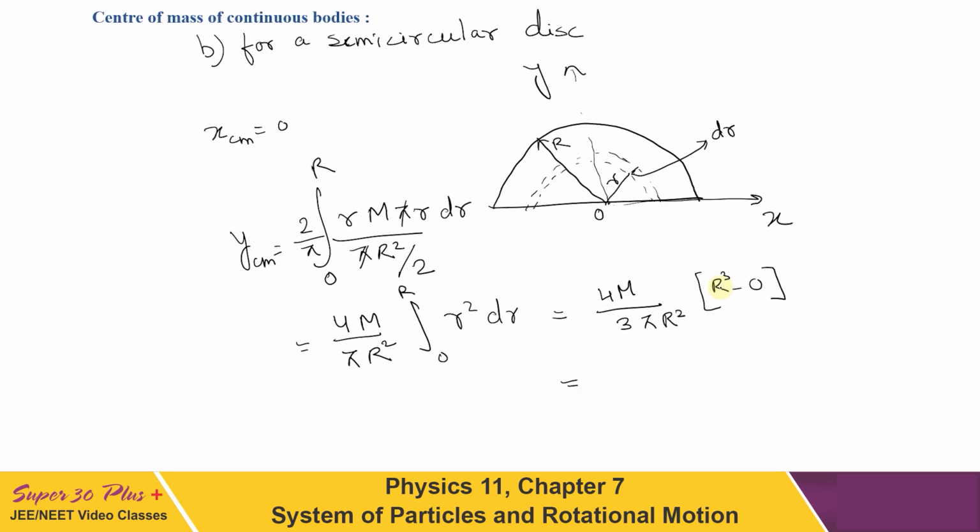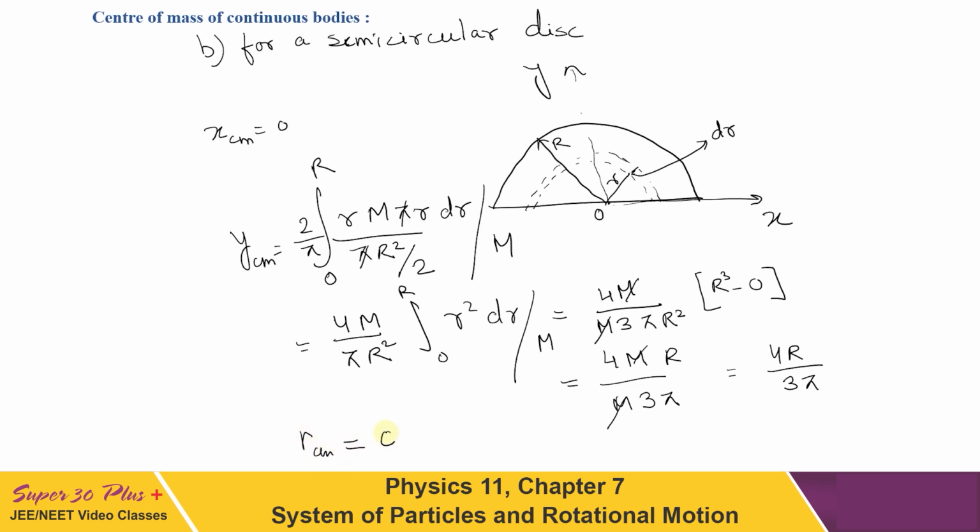One r square got cancelled, so it will be 4m. Of course this whole has to be divided by the total mass, that is m. These two also got cancelled. This is 3 pi r. So we got value to be equal to 4r by 3 pi. This is how center of mass is located for a given shape. We got RCM having coordinates 0 and 4r by 3 pi.